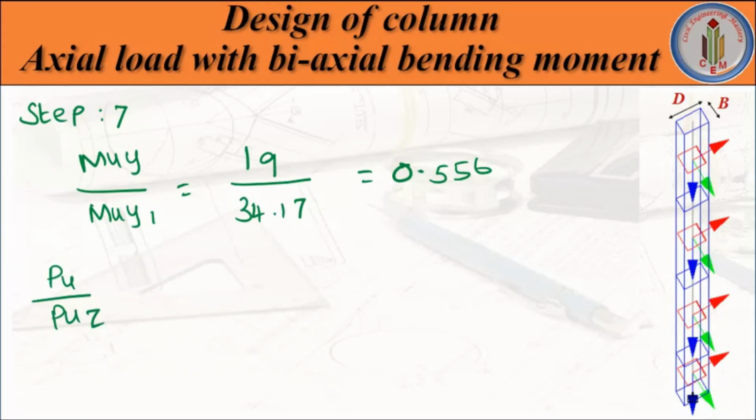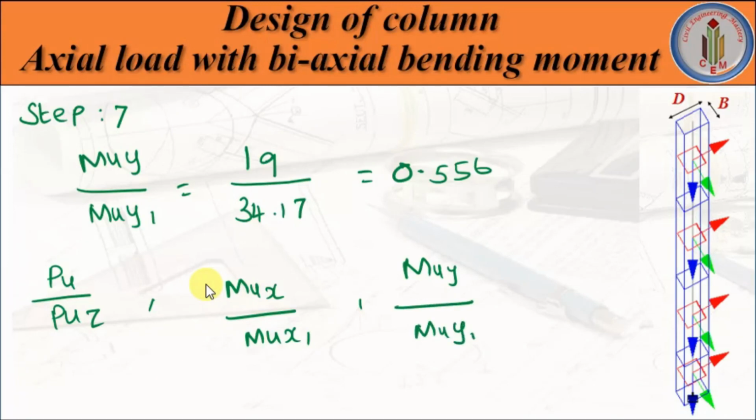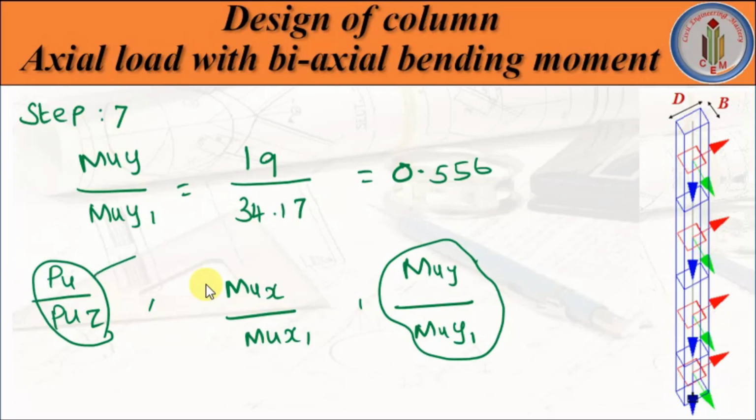So now we know PU by PUZ, MUX by MUX1 and MUY by MUY1. By using PU by PUZ and MUY by MUY1, these two values, we have to find out the permissible value for MUX by MUX1.